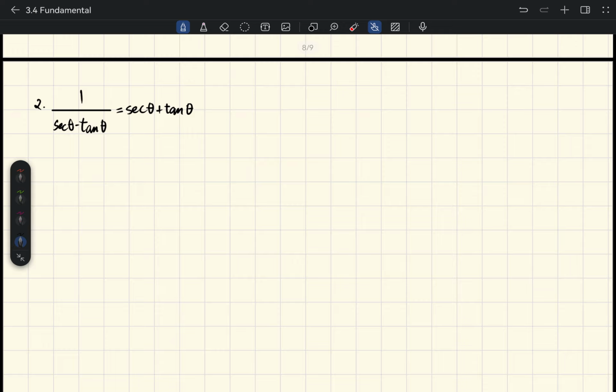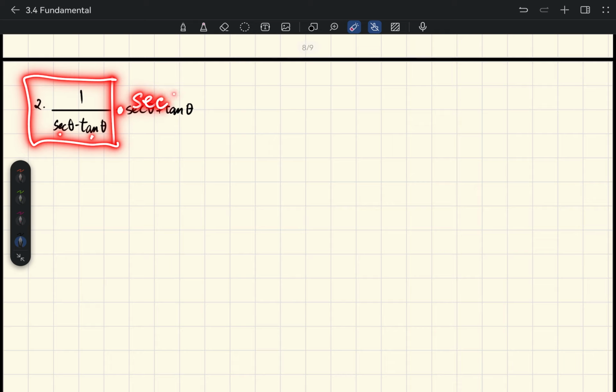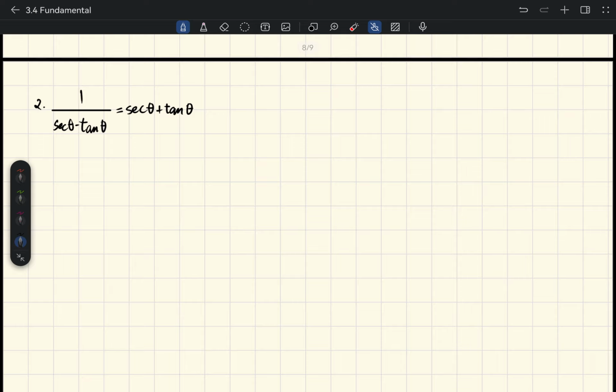So, how do we proceed with this one? Maybe what we can do is start with the left side. Observe that you have a secant theta minus tangent theta right here. So maybe it's convenient to multiply and divide by the same expression. So let's try that one.